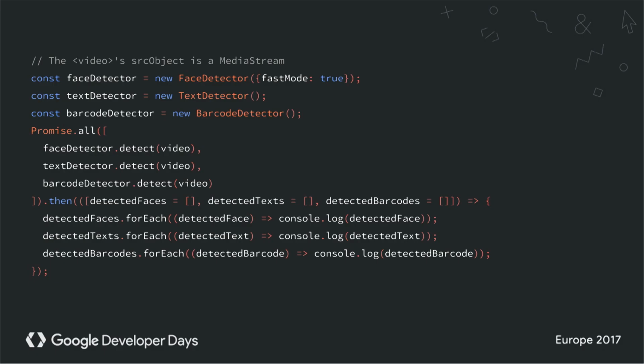So let me quickly show you how it works. You first need to initialize the different detectors, so the face detector, the text detector, and the barcode detector. And then you can just listen for events. Everything is promise-based, so you can queue up all the different promises, faceDetector.detect, textDetector.detect, and so on.